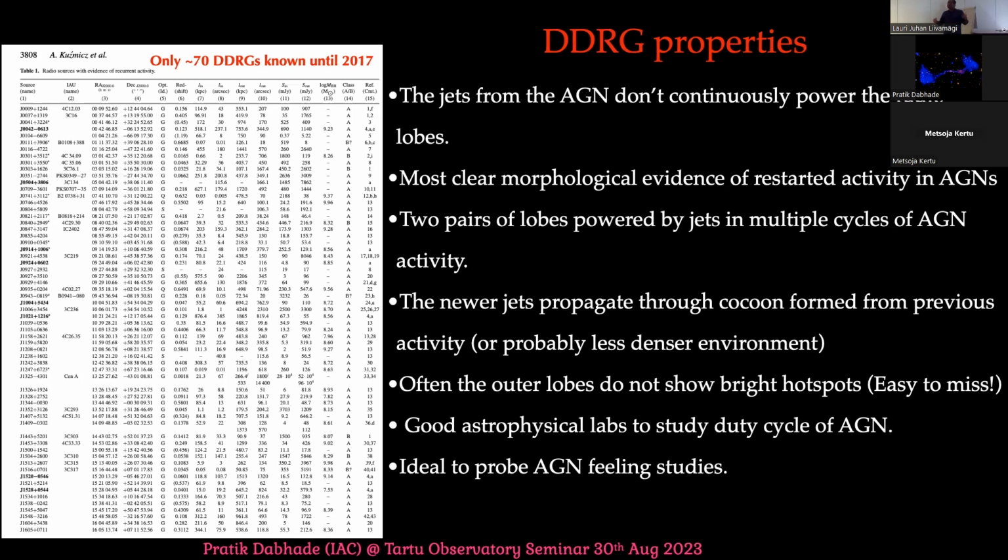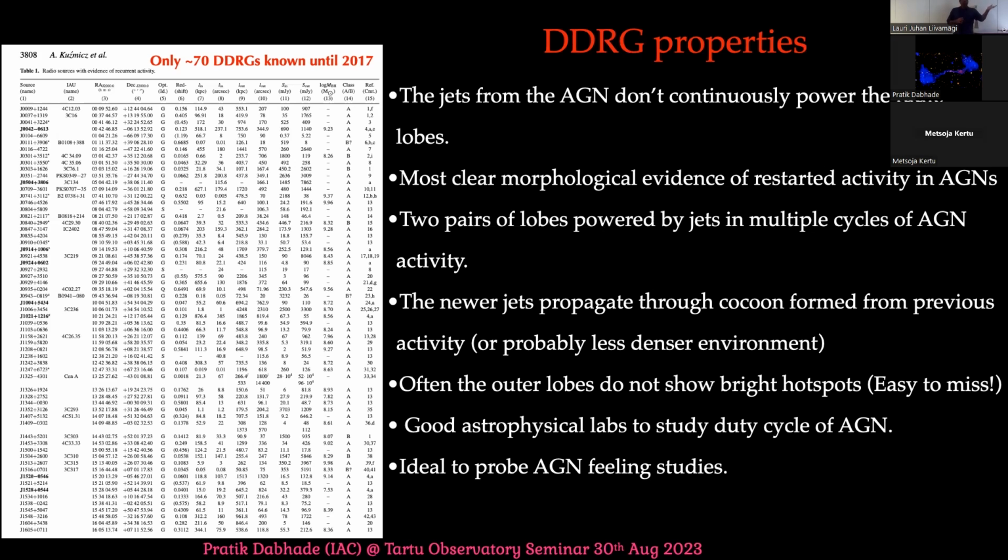And often that means if you don't have a sensitive radio image, we might be missing many of these. We might be just seeing the inner ones. Outer ones are too old or too diffused for us to observe. So we need very deep radio observation, and that is why in the last 10 years, more of these objects have been found because of the sensitive observations coming from LOFAR.